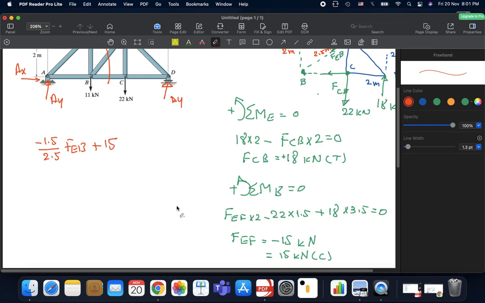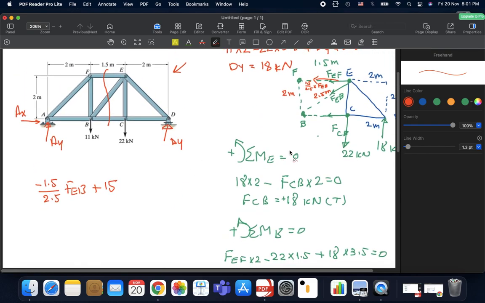Now we also have this force, which is FCB. FCB is going in the negative x direction, so minus 18 equals 0. So now FEB would give me a negative value of minus 5 kilonewtons.